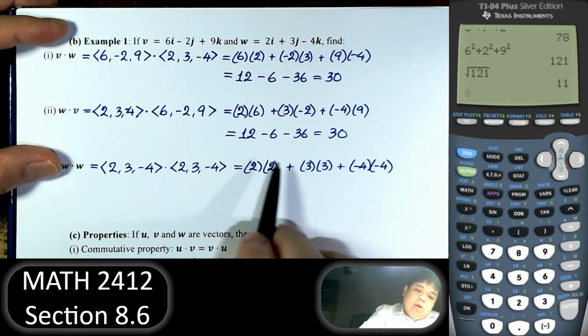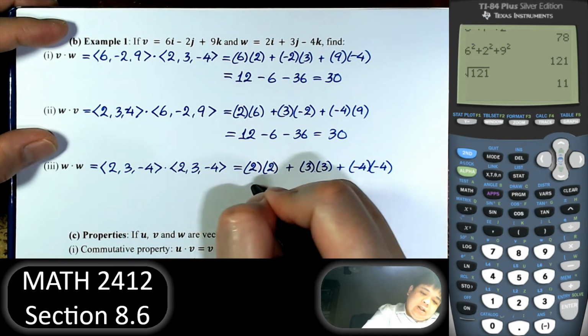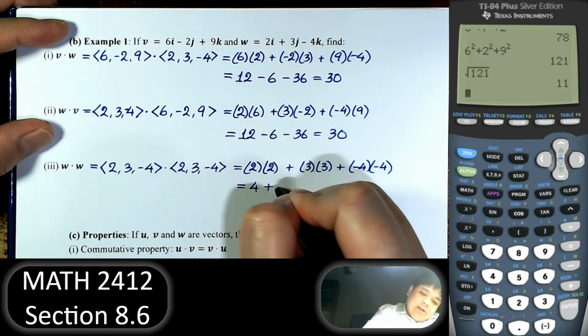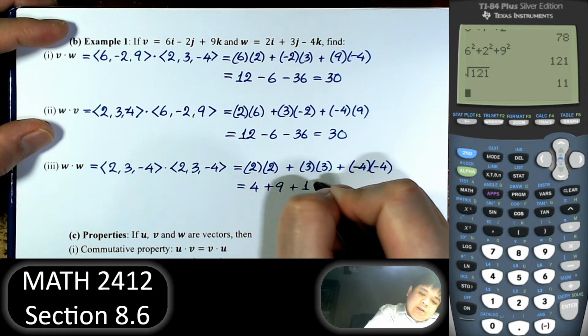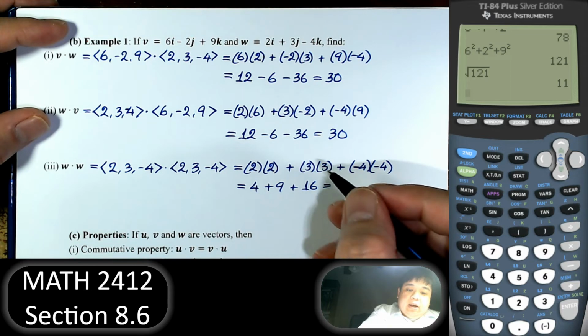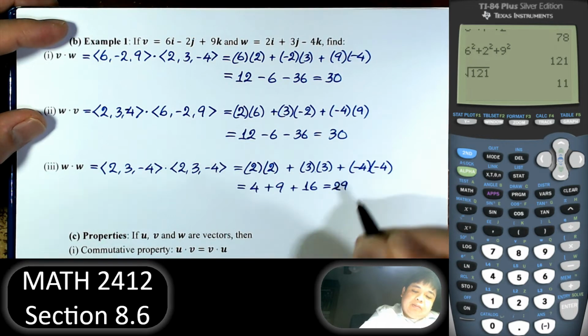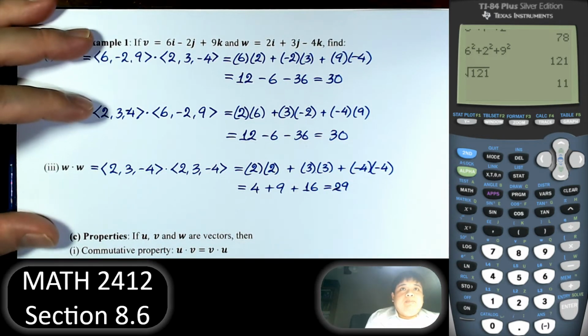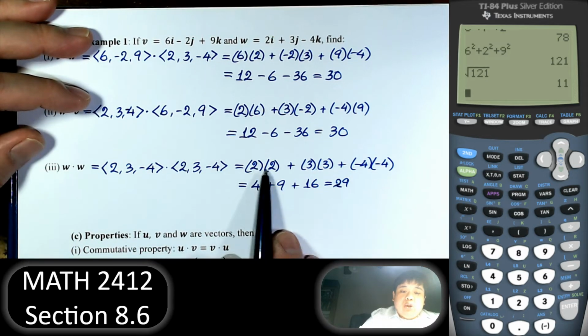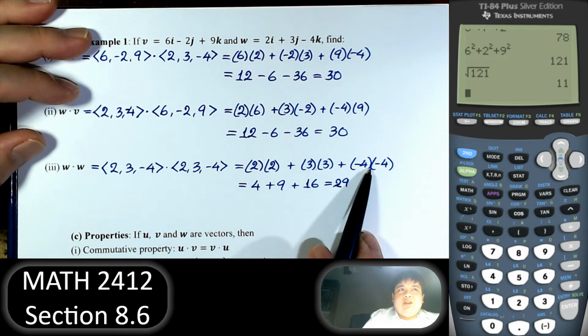So 4, 9, and 16. And that gives us 29. By the way, you can write 2 squared, 3 squared, and 4 squared. So what does that look like?